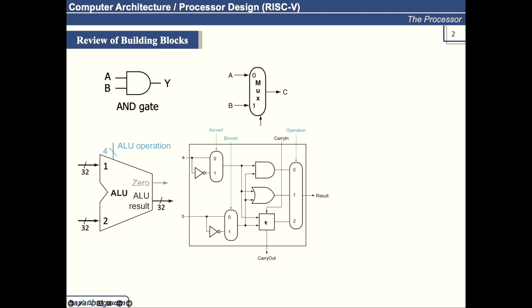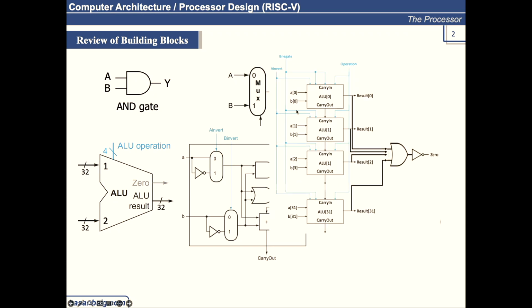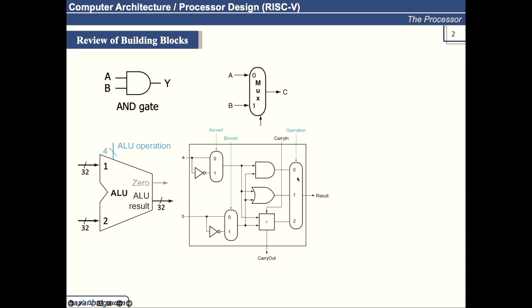The internal structure of this adder looks something like this, which has 32 1-bit adders. You can see A invert and B negate signal goes into the B invert signal as well as into the carry in. And then these 2-bit operation signals decide which operation to perform. This is actually controlling the multiplexer inside it.